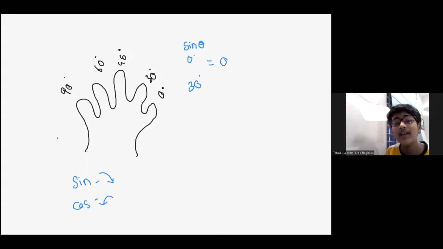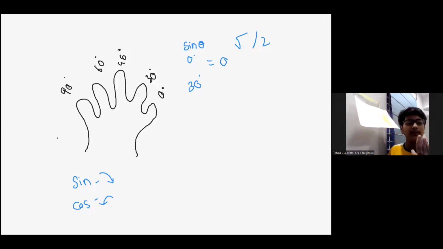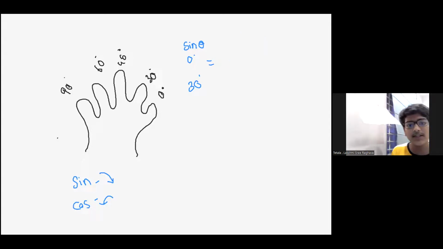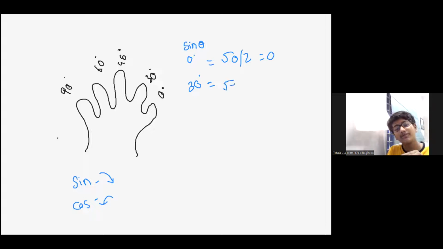I forgot to say one thing: whenever we take all these values, we'll be taking something root by 2. Let me write it clearly for 0 degrees also: root 0 by 2, which is 0. Next, 30 degrees. 1 finger is left, so root 1 by 2.